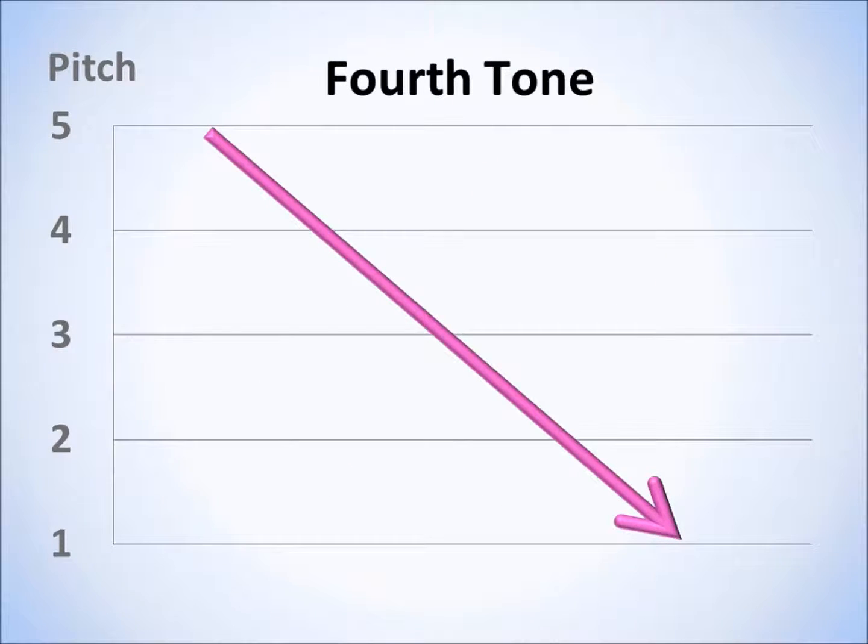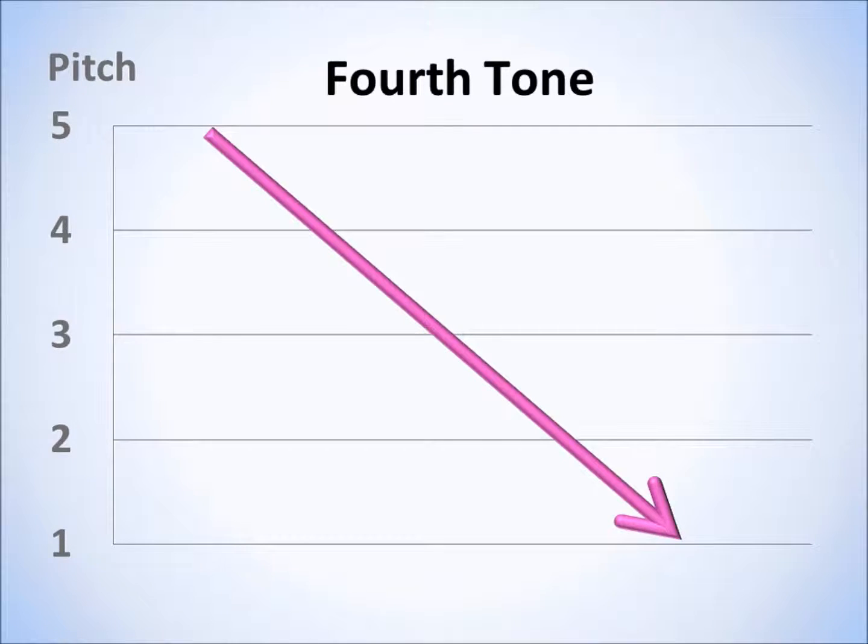Finally, the last one we're going to cover is the fourth tone. The pitch goes from very high to very low. It's like somebody is stepping on your foot, so you shout, ouch. Ouch. See, you have the falling tone in English.